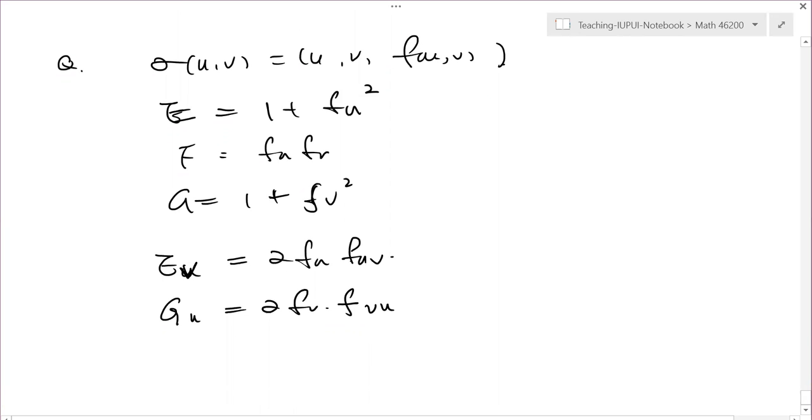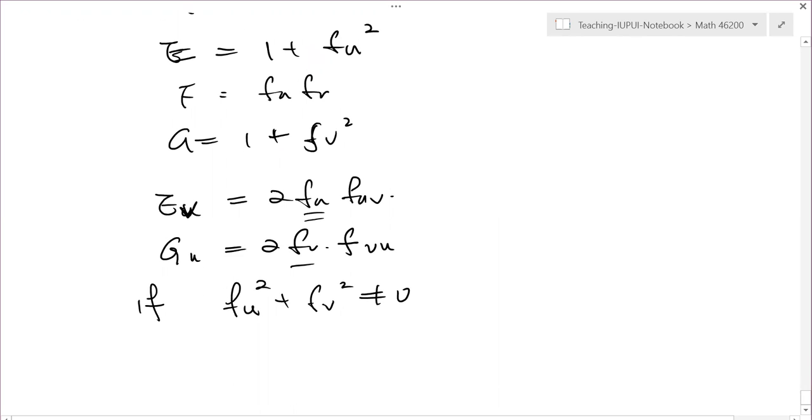We cannot assume f_U is 0 and f_V is 0, otherwise it becomes constant, right? So we do not assume all of them are 0, at least one of them is not. Then E_V equals 0 and G_U equals 0 if and only if f_UV is 0.